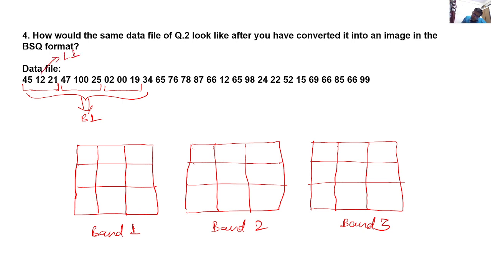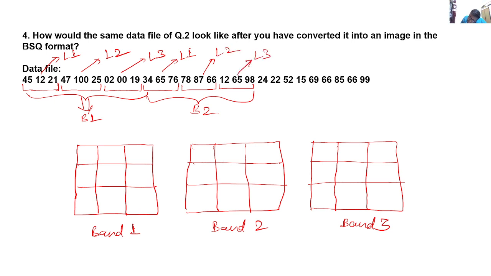This will go to L1, the line 1 of band 1, then line 2 of band 1, then line 3 of band 1. Then again the first 3, I'm grouping them into 3. These will go to band 2, L1, L2, L3. Again I'm grouping them in 3. These would be going into band 3. So this is L1, this is L2, this is L3. So this is how we will be storing it.